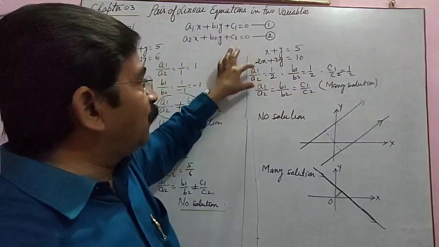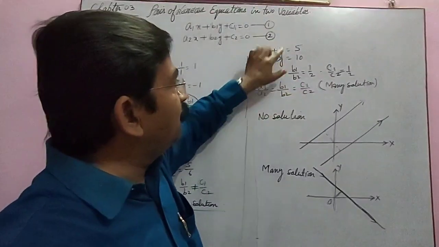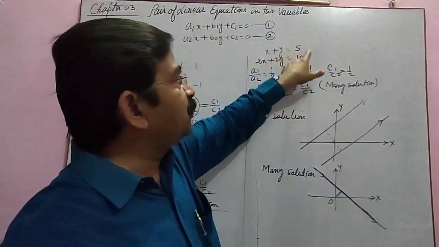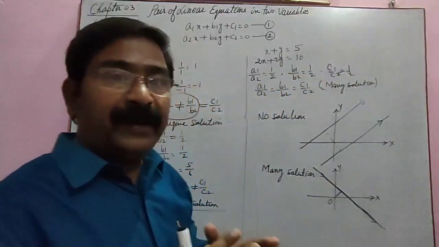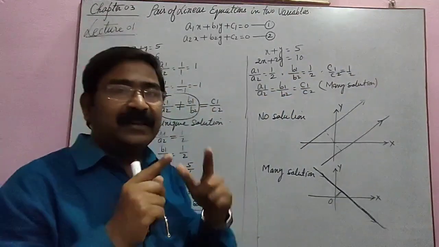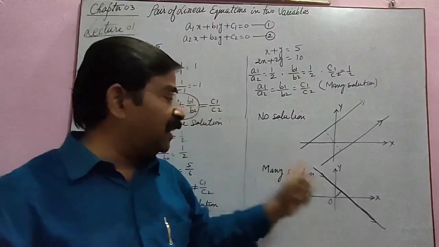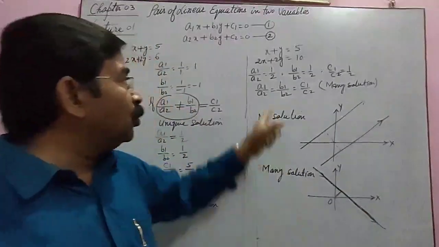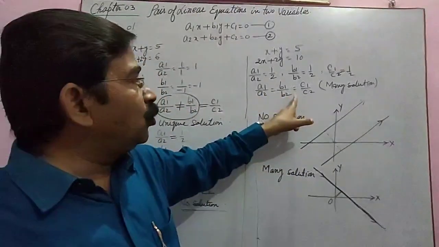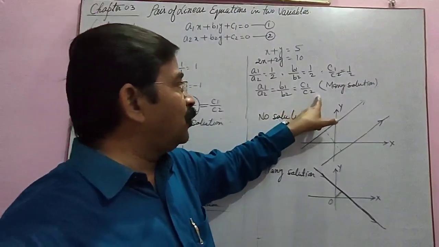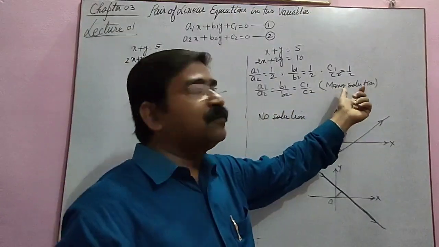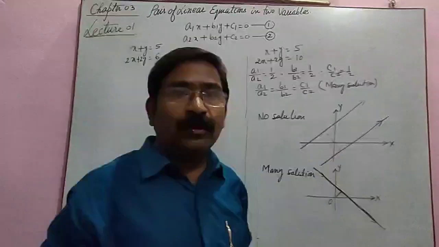The ratio of a1 upon a2 is 1 upon 2, b1 upon b2 is 1 upon 2, c1 upon c2 is 1 upon 2. It means the two lines are in the same direction and at the same distance from the origin. So a1 upon a2 is equal to b1 upon b2 is equal to c1 upon c2, so the equations will have infinitely many solutions.